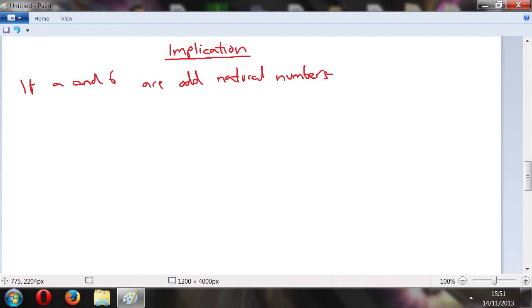If A and B are odd natural numbers, then A plus B is even.